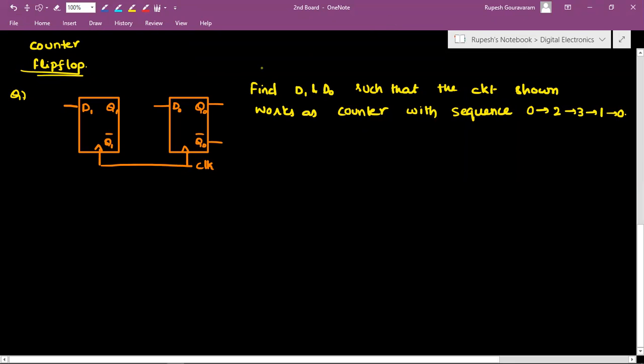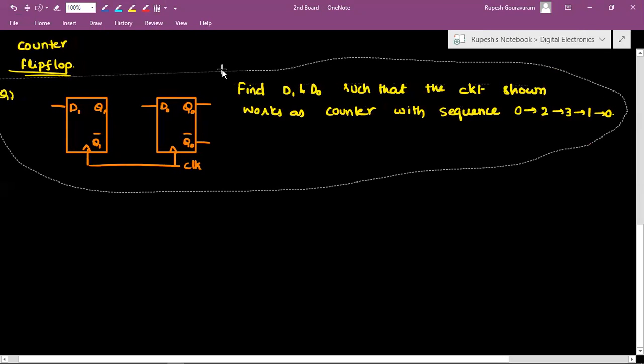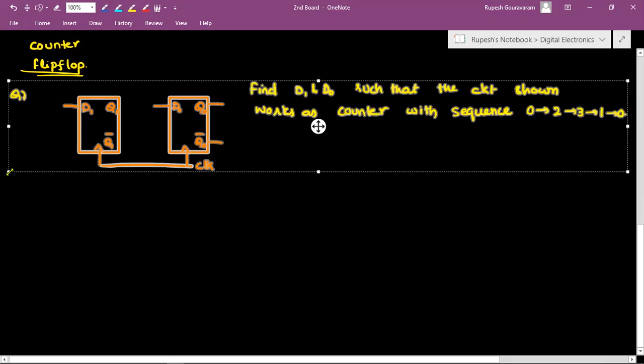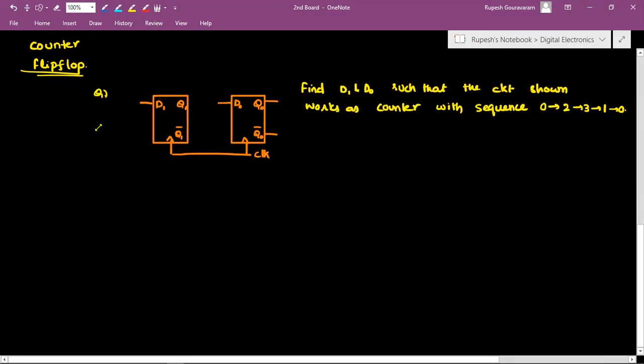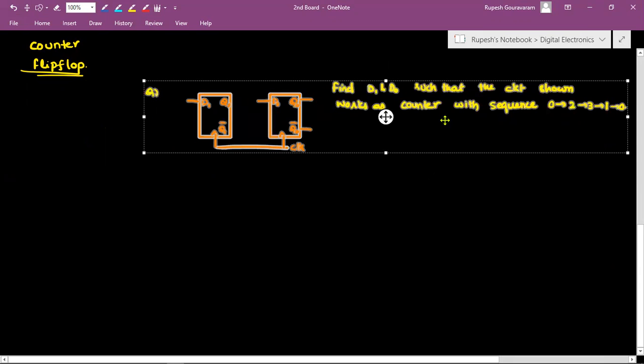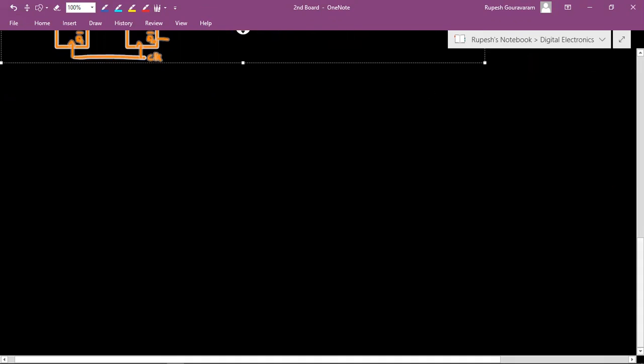So for this question, we'll first see what is the concept of counter, and then move on with the question. Okay, let us start.